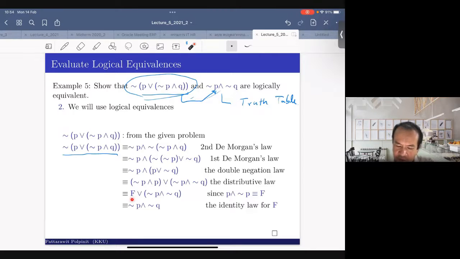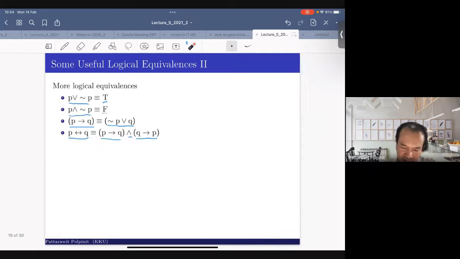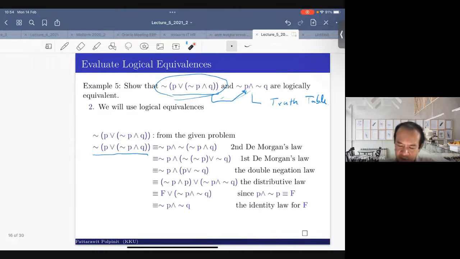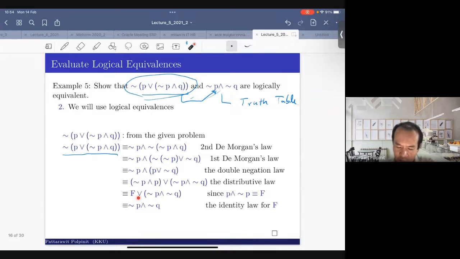So we have false or negation of P and negation of Q, and we know that false ORed with anything basically gives this one. Oh, where is it? Oh, this one. P or false, you get P, right? So this one, false or this thing behind it, you just cancel false, and then you get negation of P and negation of Q, which is basically the same thing that we want to find.